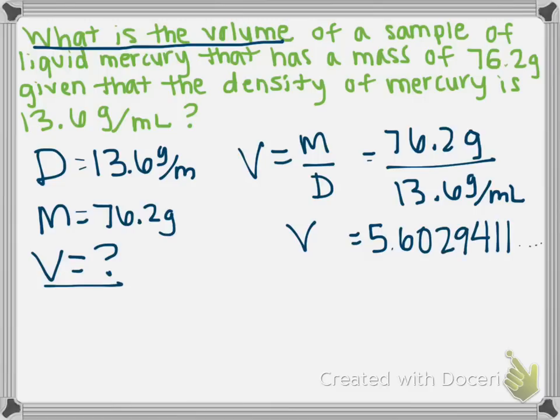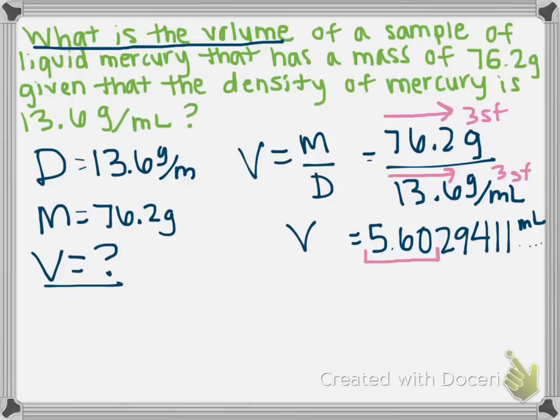And this is my volume, so this is in milliliters. But if we look back at the numbers that are used in the equation, this is a decimal number. I count in this direction, that has 3 sig figs. And my bottom number, my density number, you count in that direction also, that also has 3 sig figs. So my final answer needs to have 3 sig figs. It needs to have this many numbers.